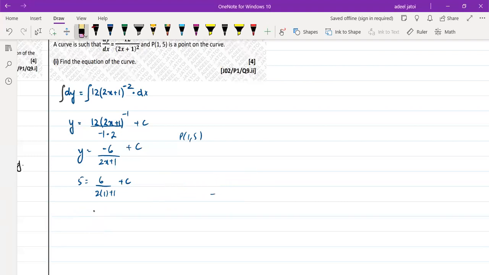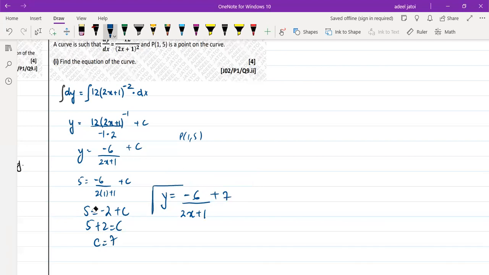Since this was negative, 5 is equal to minus 2 plus c. 5 plus 2 is equal to c. The c value is 7. So the answer should be y is equal to minus 6 upon 2x plus 1, plus 7. So the equation of the curve is minus 6 upon 2x plus 1 plus 7 for this question.